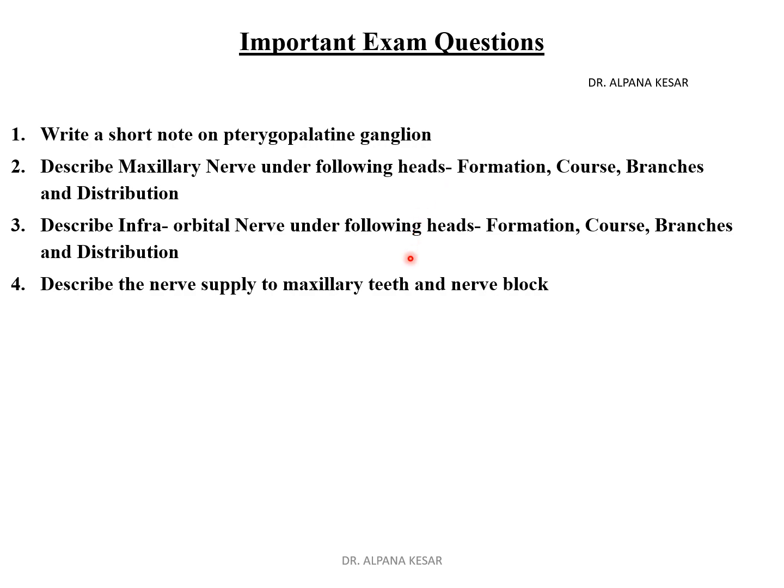Yet another question that can be asked is to describe infraorbital nerve under the following heads: formation, course, branches, and distribution. Students should also be able to write the nerve supply of the maxillary teeth, including a note on maxillary teeth nerve block, which will include posterior superior alveolar nerve block and infraorbital nerve block.